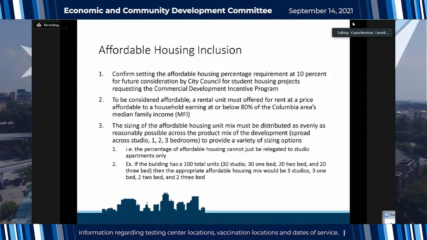Whether it's an incentive for student housing or for something else, I thought we were discussing something more universal: an incentive program that could incentivize any kind of commercial development, multifamily, whether it's for students or not.